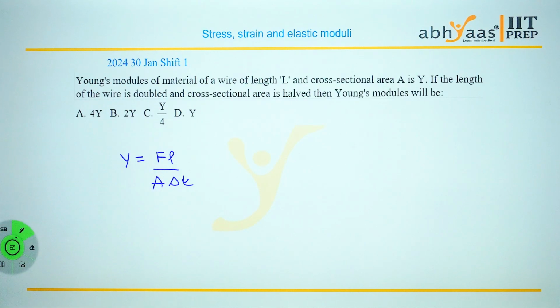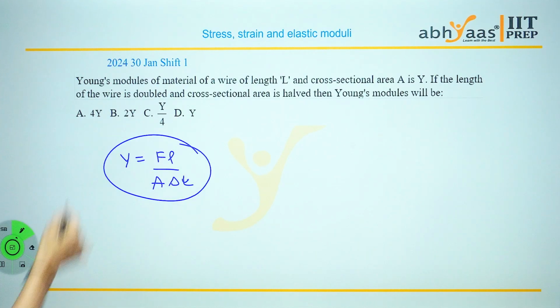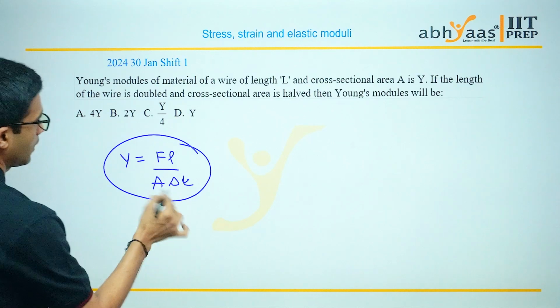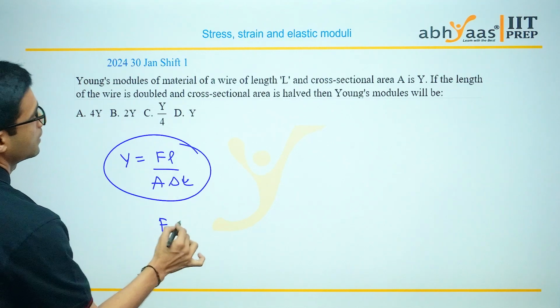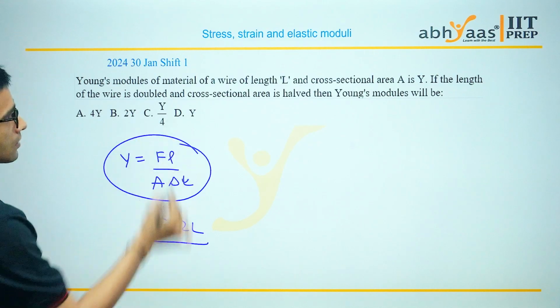So initially this is the thing. After that what happened? Length of the wire doubled, cross-sectional area halved. So then what will you get? Length of the wire 2L, whereas cross-sectional area is halved.